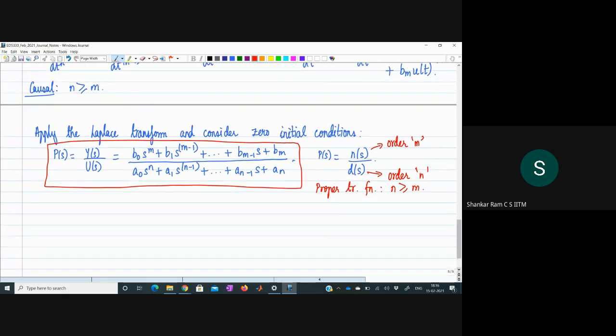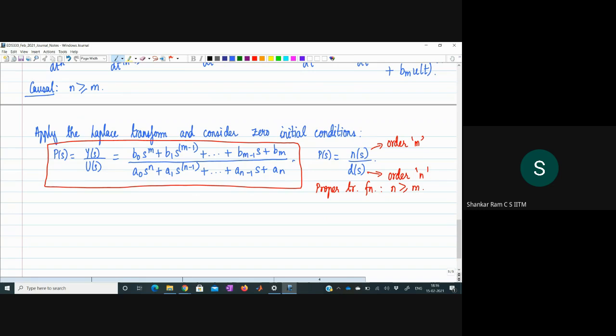Strictly proper means the numerator polynomial's order is strictly less than the denominator polynomial's. So essentially, what happens is, if we look at this one, right?